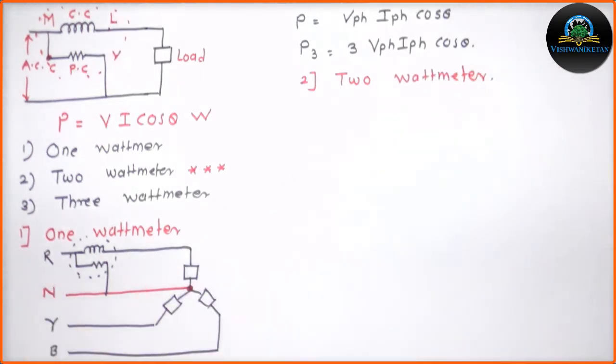In this case, the difficulty of neutral tracing can be avoided. It means that I am going to use the 2 wattmeter method. The current coils will be connected in 2 phases and the pressure coil will be connected to the remaining phase. So I am just drawing the diagram for the same.